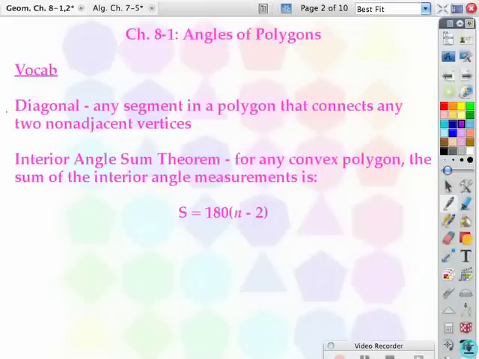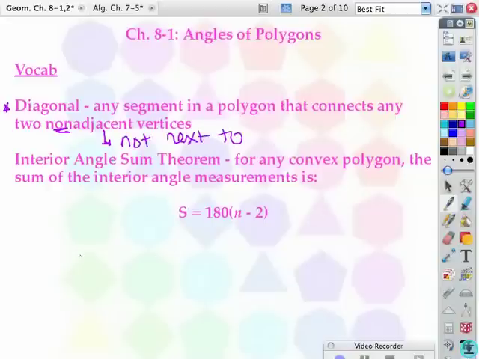So the first thing is that you need to know what a diagonal is, and I know it seems silly, but people forget. So any segment in a polygon that connects two non-adjacent vertices. Remember that the word adjacent means next to, so non would be not next to.